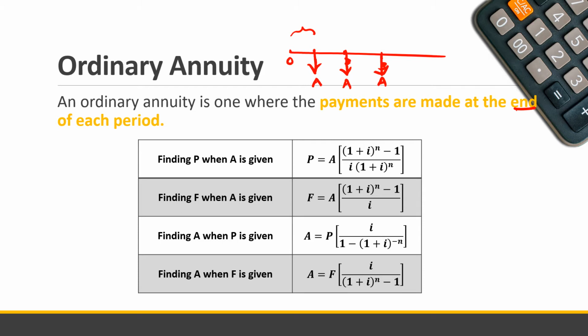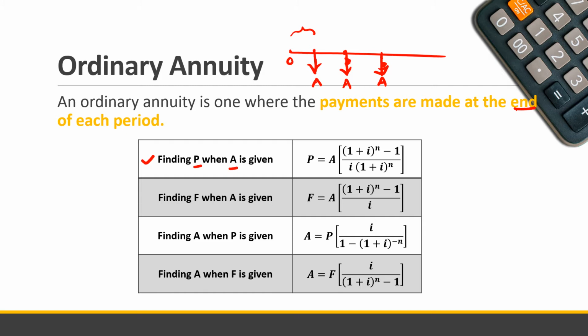In solving ordinary annuities, there are four cases involved. Finding P where A is given, so finding the present worth if the equal payments A are given; finding F when A is given; finding A when P is given, which is the reverse of the first case; and finding A when F is given.